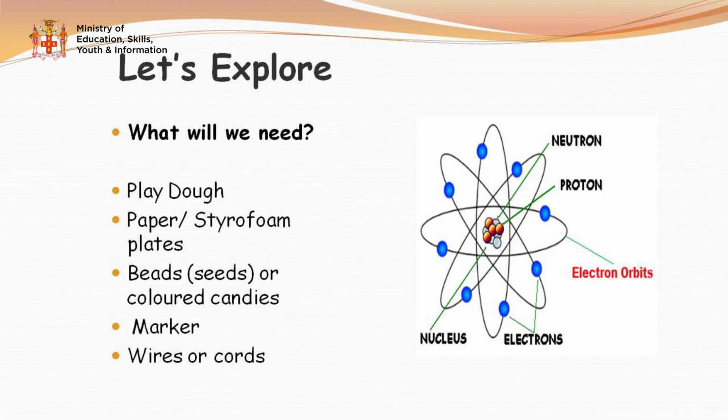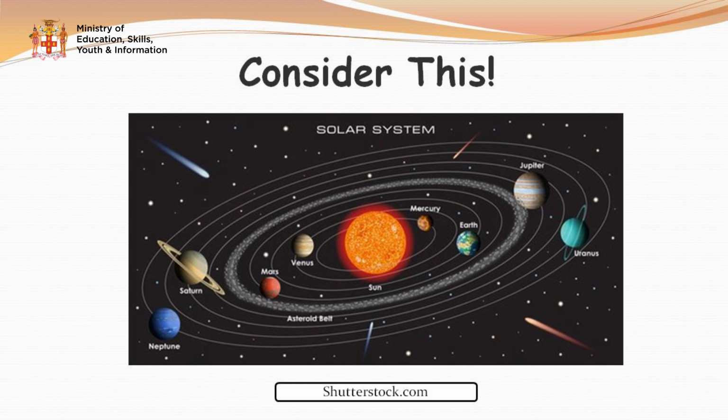So, how could we represent the atom? What you will need for this particular exercise: we have a styrofoam plate and some representations of the different subatomic particles, and we're using seeds. But just consider this. Do you remember what the solar system looks like? You would have learned about the solar system in primary school, right?